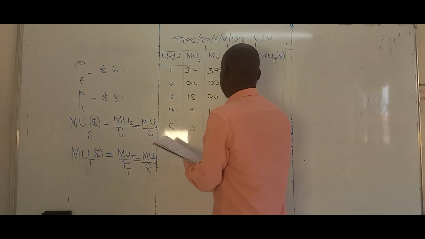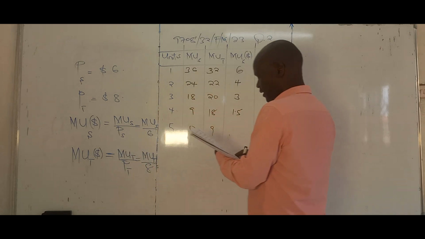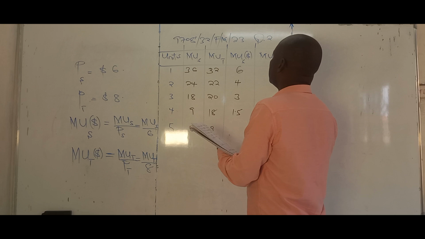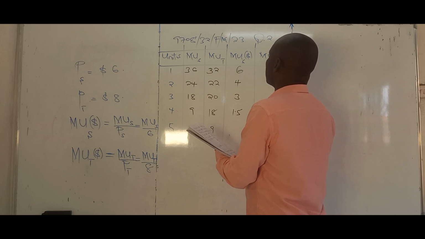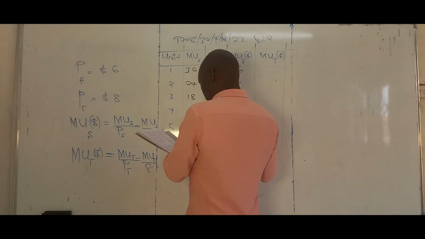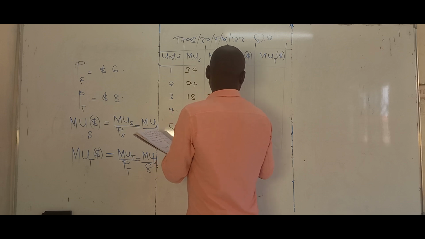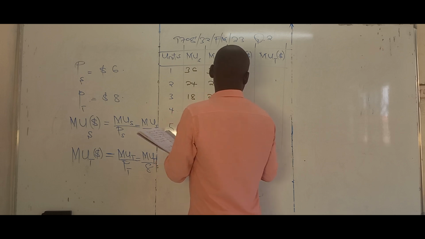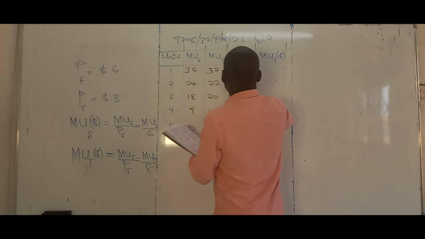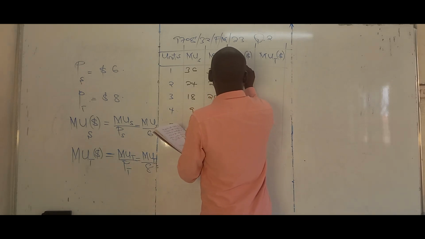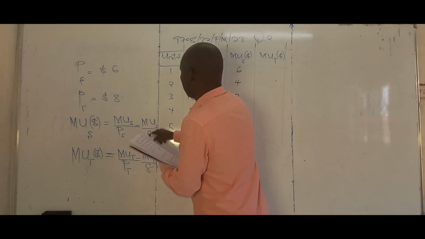And 0 divided by 6 is 0. And this was 6, as a result of 6 divided by 6.